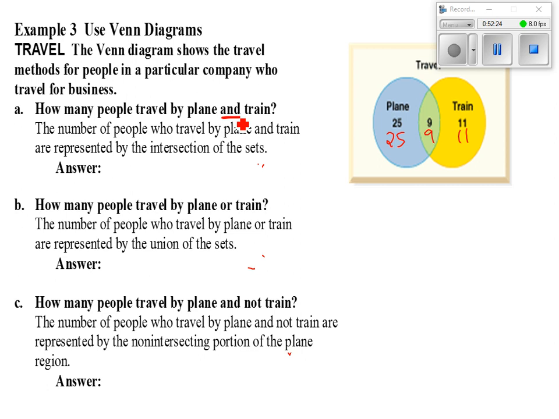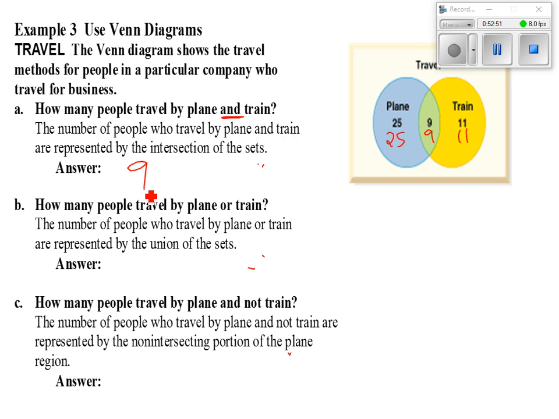Remember when we said you use the word and, it's a conjunction. If it's a conjunction, what has to be true for the statement to be true? Both. So how many people travel by plane and train? 9. Very good. It's just the people in the green. That's the only people that make that a true statement.